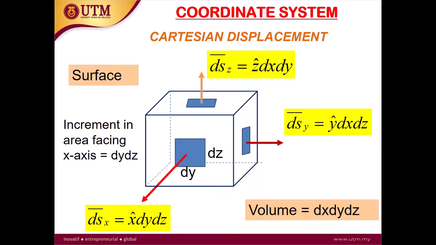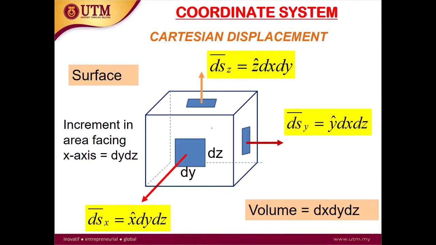Can you imagine we have a cubic? The cubic has how many surfaces? Basically, a cubic has 6 surfaces. Let's see from the figure.